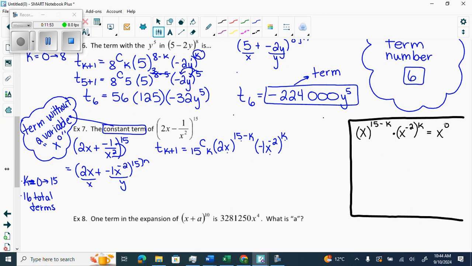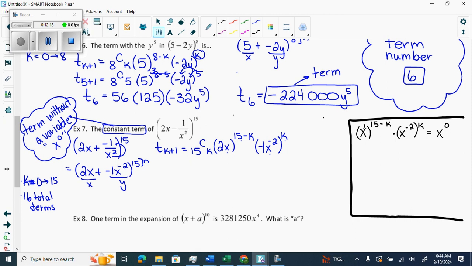Because if it equals x to the 0, the x's will go away. Do we agree on that? Did I take the 2? Did I take the negative 1? Did I take the 15 choose k? No, because I don't care about those right now. I want to figure out what k needs to be so that one is positive 4 or something, and one is negative 4, and they go away. Or one is positive 8, and the other one's negative 8, and they go away. Right?